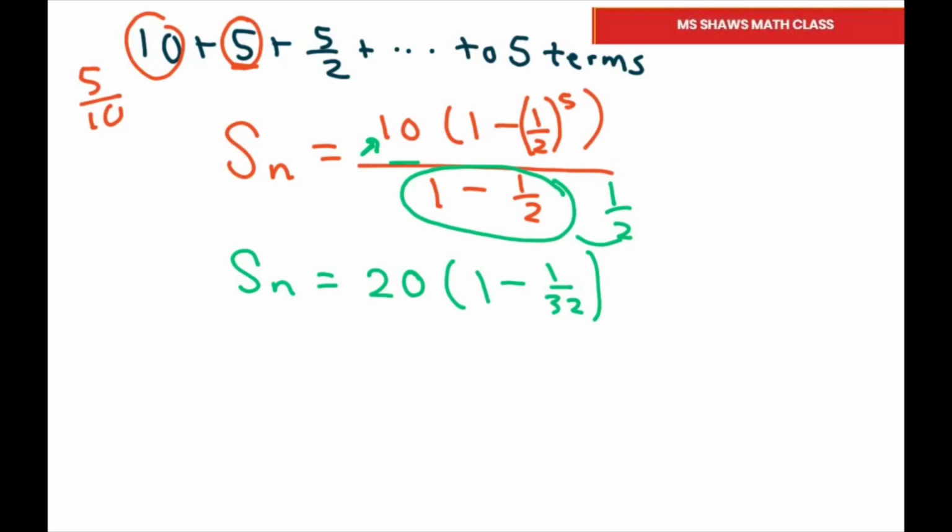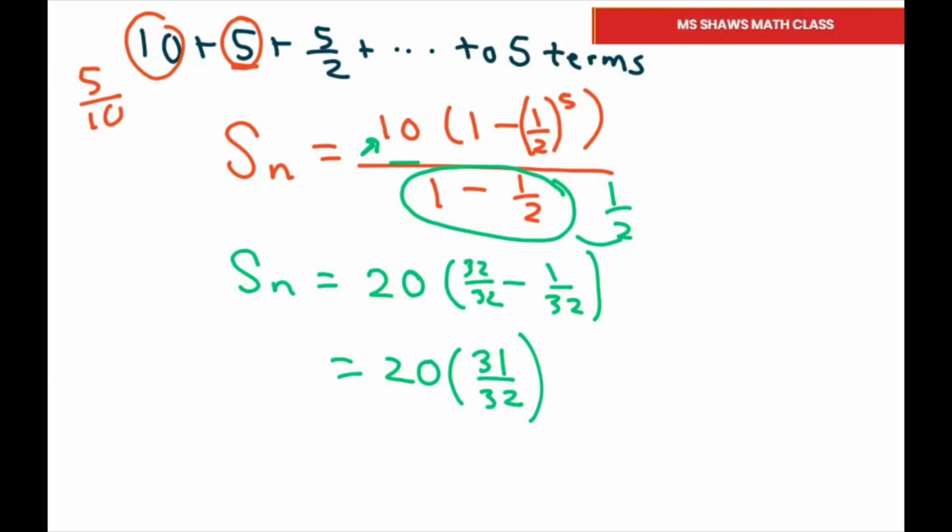Alright, so I can write this 1 as 32 over 32. So you get 20 times 31 divided by 32.